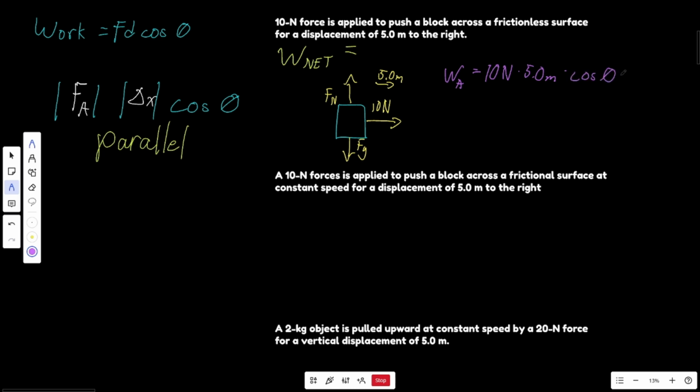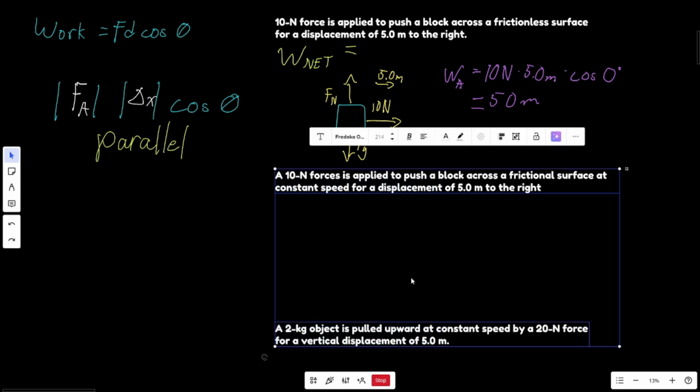It's a flat surface. Cosine 0 is equal to 1. So that's the maximized version of our work. This is the most amount of work that's possible. So we can simplify this to 50 meters. Actually, no point because of significant figures. My apologies.